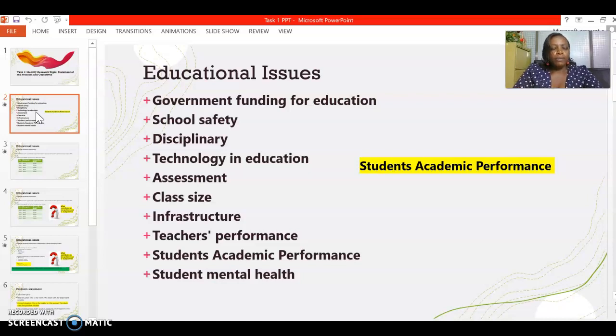For you to be able to come up with a topic, you need to think around and read widely about the specific and many issues that we have in education.